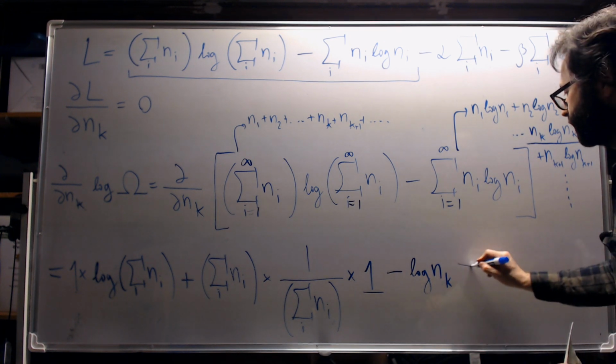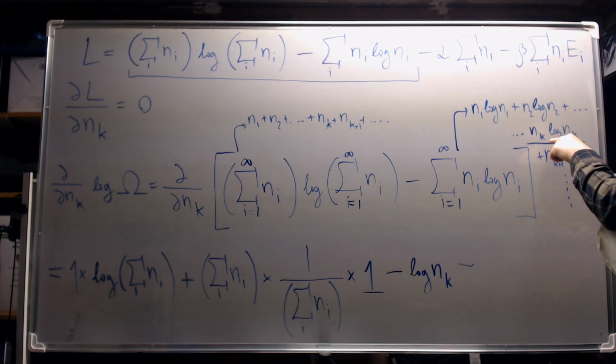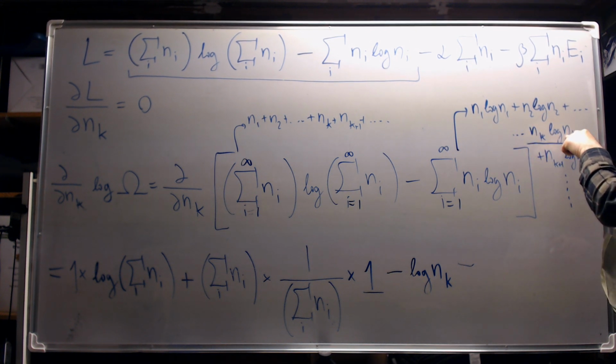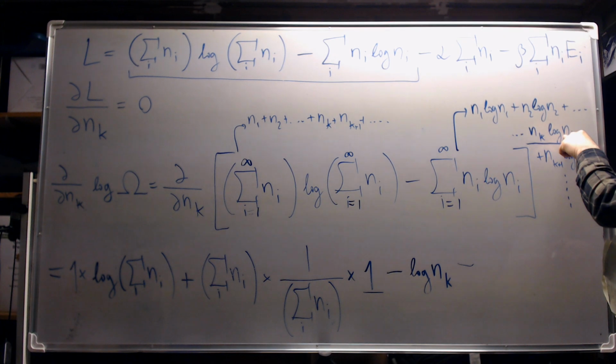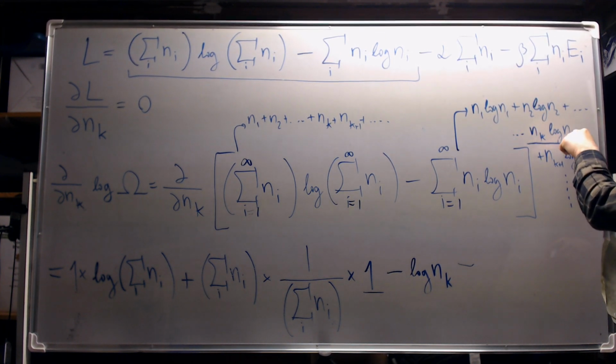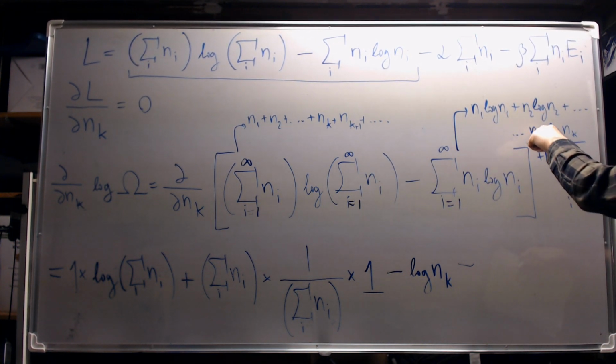And now minus the second step in the product rule: the derivative of the second function times the first function. So the derivative of log of n sub k with respect to n sub k times n sub k.